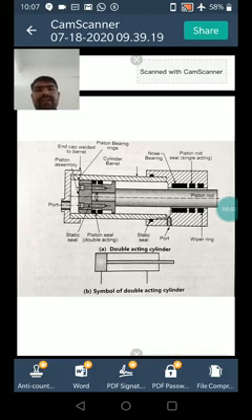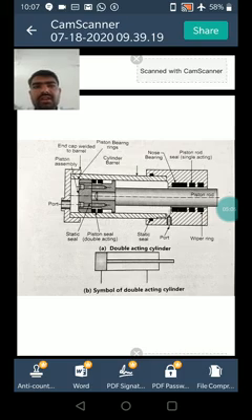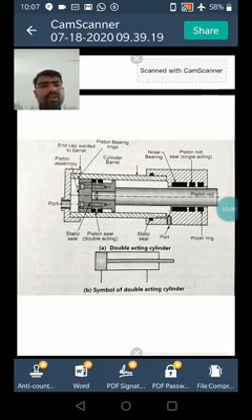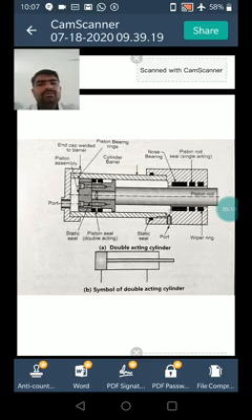The double acting cylinder can be single rod ended or double rod ended. For a given oil supply pressure, a single rod ended cylinder exerts greater force during extension than during retraction. The double rod ended cylinder exerts equal force in either direction.